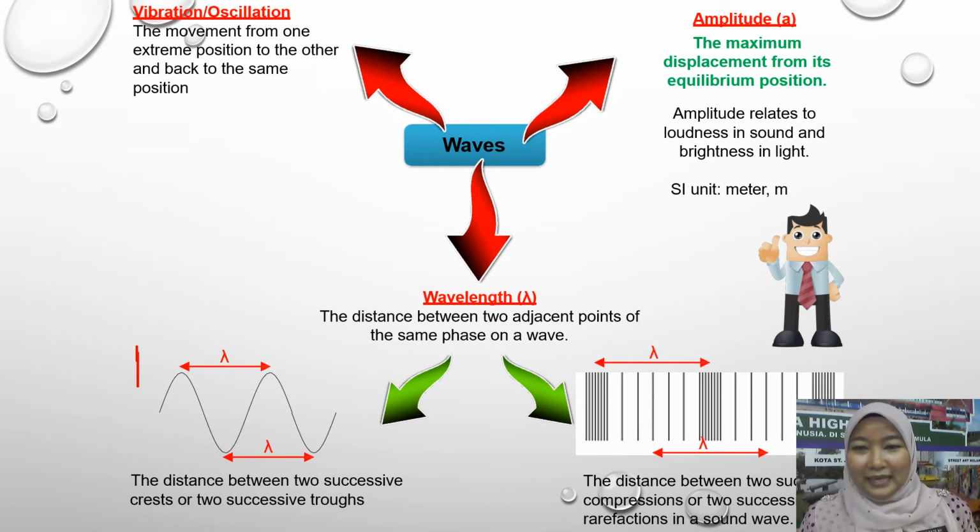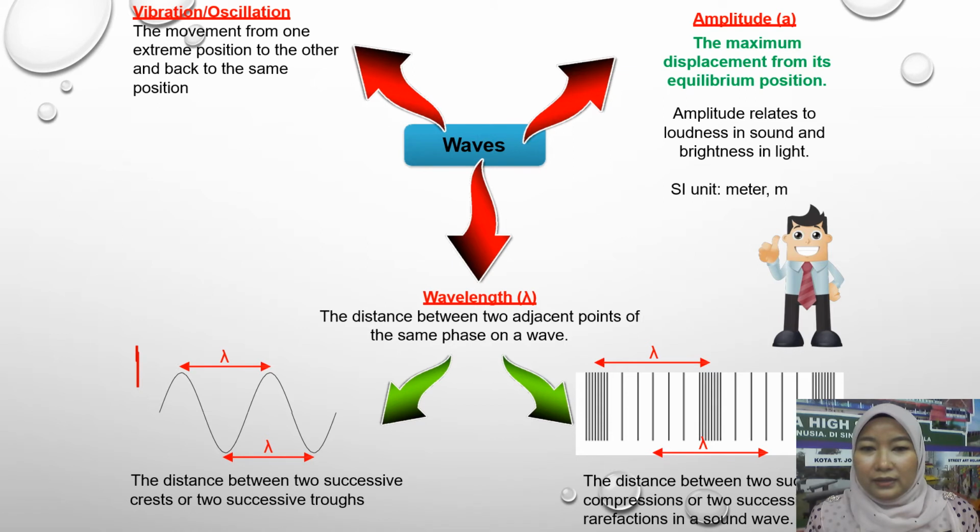Okay class, I explain again what is amplitude. Amplitude is the maximum displacement from its equilibrium position. Amplitude relates to the loudness in sound and brightness in light. So what is vibration? Vibration is the movement from one extreme position to the other and back to the same position.